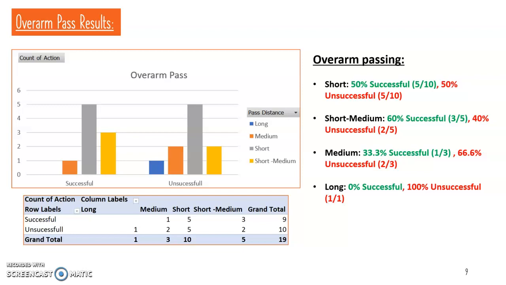Medium distance was 1 out of 3 passes successful, giving it a 33.3 recurring success rate and a 66.6 recurring unsuccess rate. And the long pass distance was 0% success rate and 100% unsuccessful, with 1 out of 1. You can see a nice clear table which shows you this result.